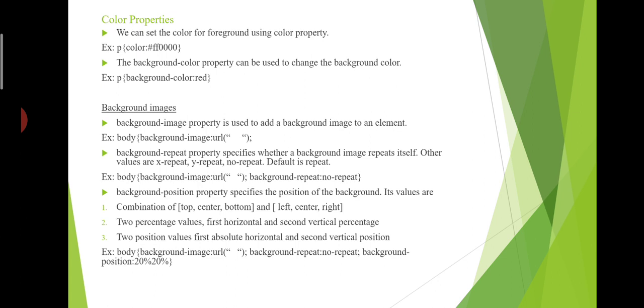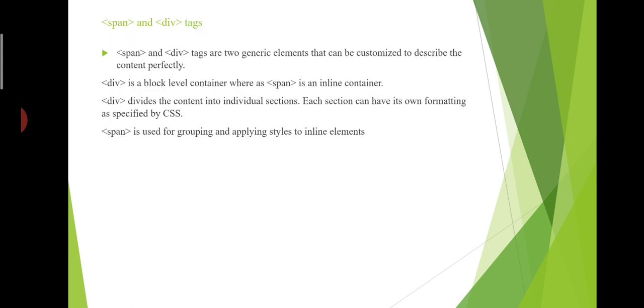One is for the horizontal and the second represents the vertical; the first value represents the horizontal position and the second one represents the vertical position. For example, I have given background-position 20% 20%, where I have represented the value for this position in the form of percentage. As I told you, with percentage, the first value will represent the horizontal and the second value will represent the vertical.